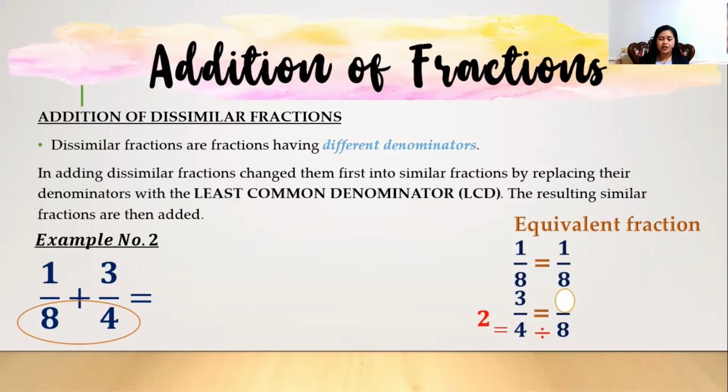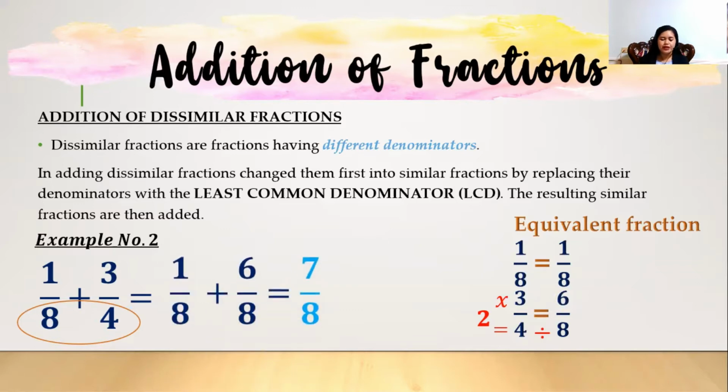And then the quotient, you are going to multiply it by the numerator, which is 3. So 2 times 3 is equal to 6. So the equivalent fraction of the given 1 over 8 is 1 over 8, and for the second fraction 3/4, its equivalent fraction is 6 over 8.